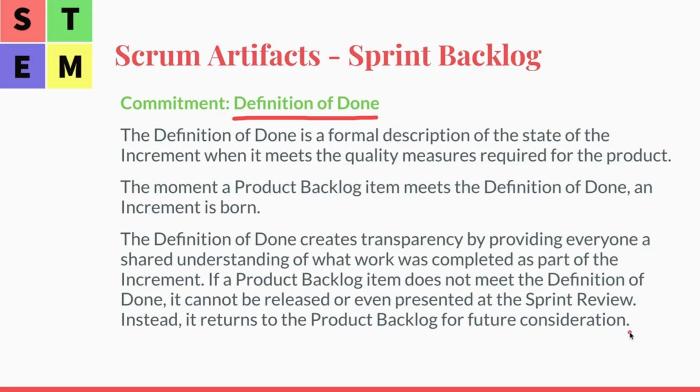Okay, so at the very beginning of implementing Scrum, the definition of done should be properly defined, and should be presented not just inside the Scrum team, but also to the business partners, so that everybody has a common understanding of what the definition of done is.